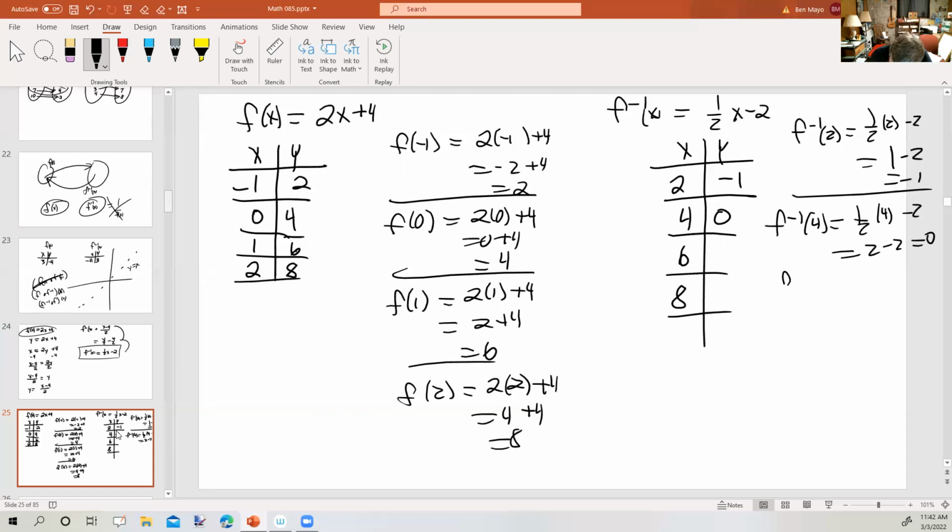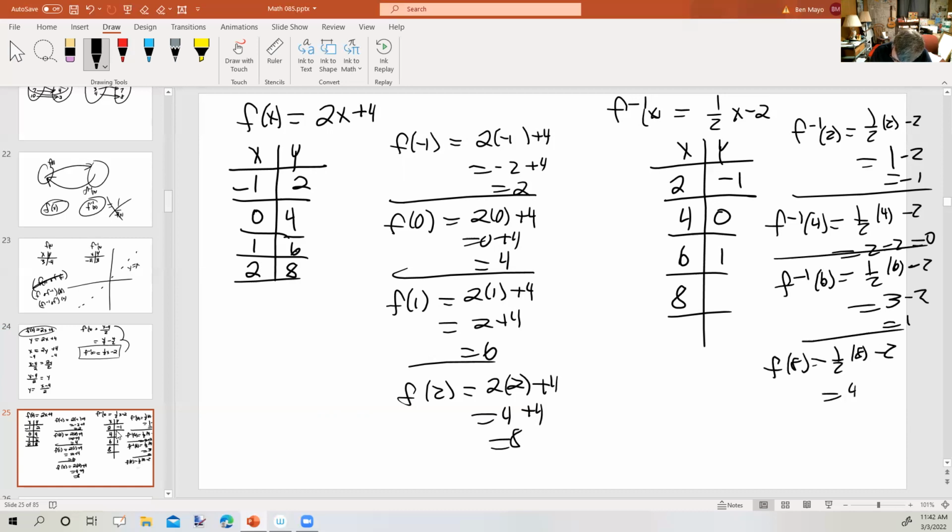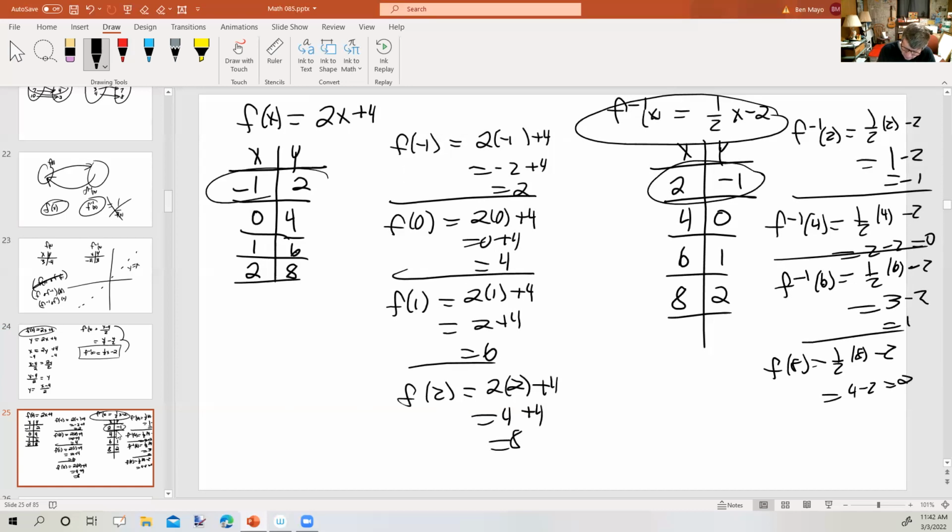If x is 6, f inverse of 6 is 1/2 times 6 minus 2, which is 3 minus 2, or 1. And if x is 8, f inverse of 8 equals 1/2 times 8 minus 2, which is 4 minus 2, or 2.